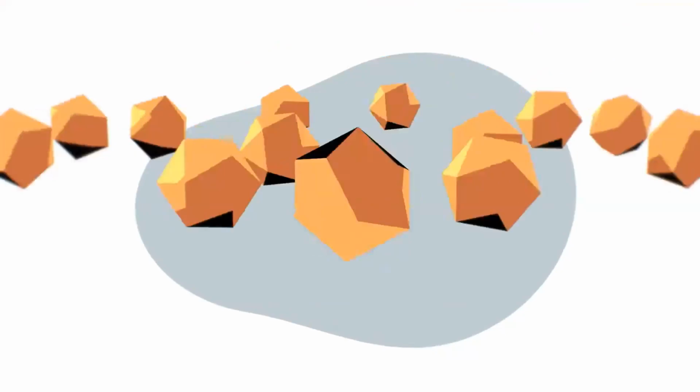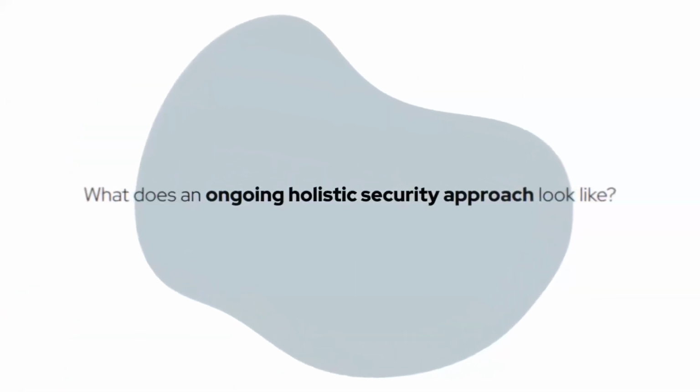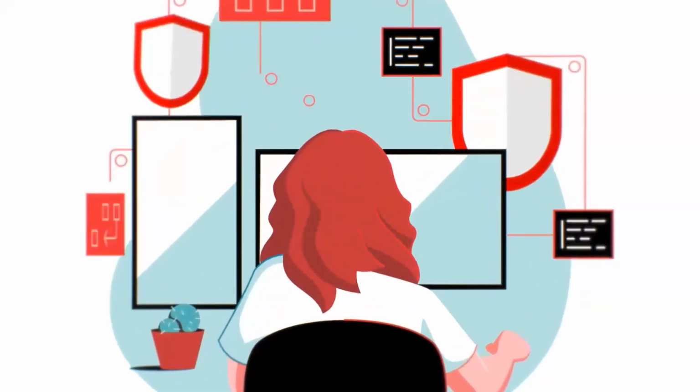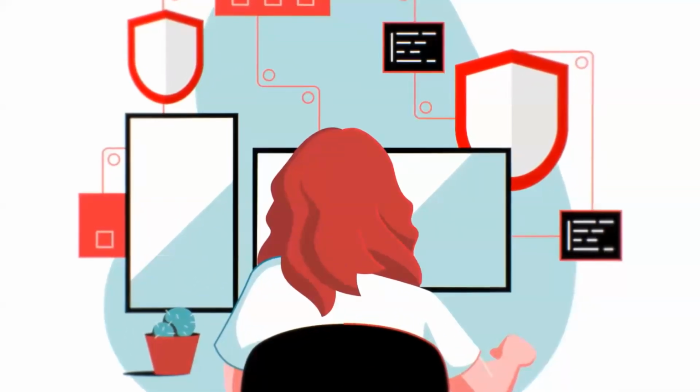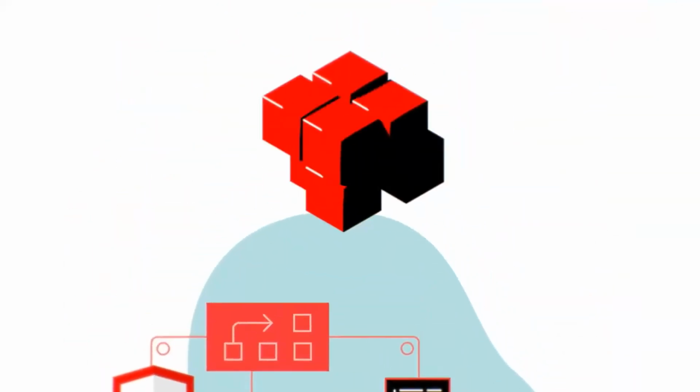With the growing sophistication of cyber threats, no matter how strong your defenses are, it's likely you will experience a breach, and you may never even know it. So, what does an ongoing holistic security approach look like? If you're a developer, adopt a security-focused software development lifecycle so you're continually improving security as you build, test, and deploy applications.